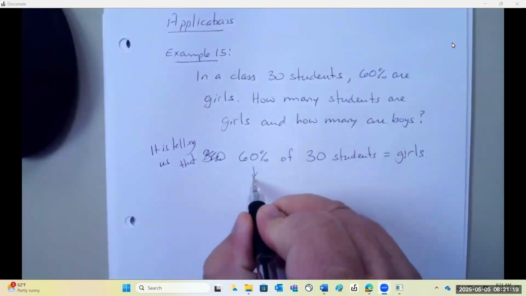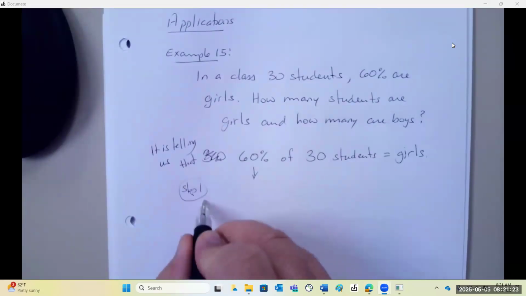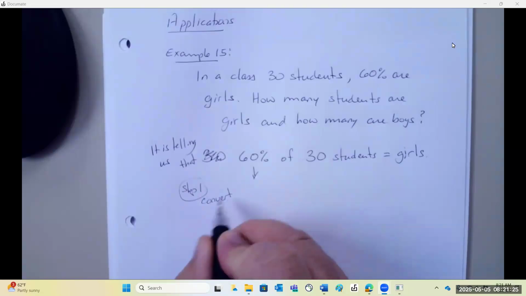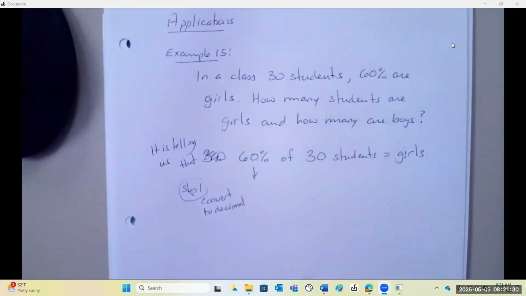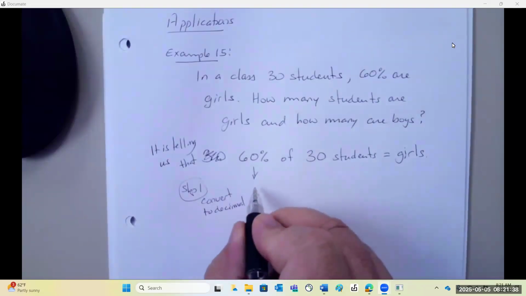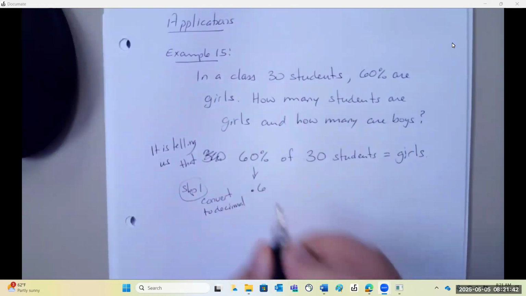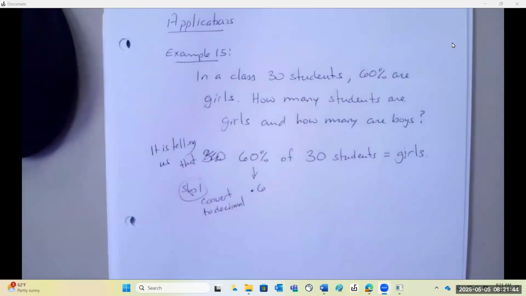So we have to convert this to decimal. So what is 60% in decimal? 0.6. 6 over 10 is still a fraction. It's not a decimal.